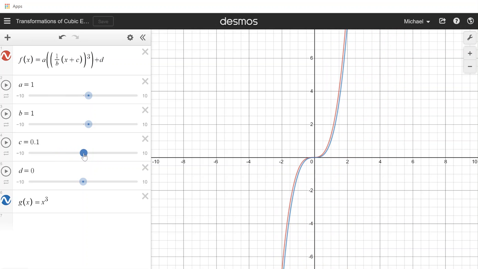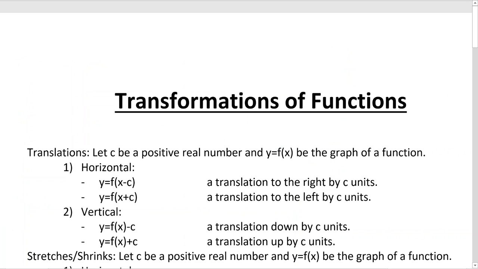Then similarly, if I start shifting my D, when I add numbers, it's shifting my graph up. And when I subtract numbers, it shifts my graph down. So these are our translations. Translation is just really a fancy word for shifting your graph to the left, right, or up, down.